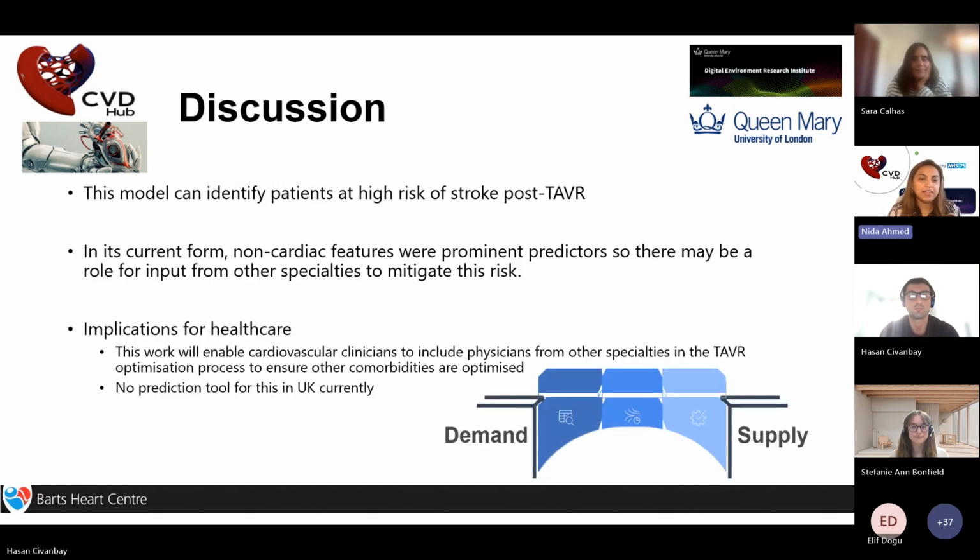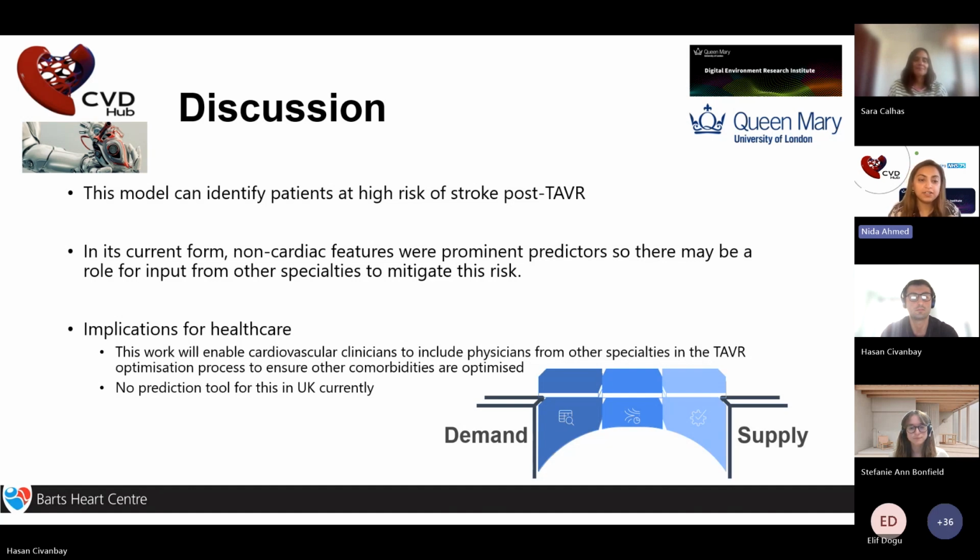So our model is able to identify patients who will be at high risk for stroke post-TAVI. In its current form, what we found was that non-cardiac features were prominent predictors behind this prediction, and so therefore there is a significant case for having our specialist colleagues from other divisions also have an input in the TAVI process.